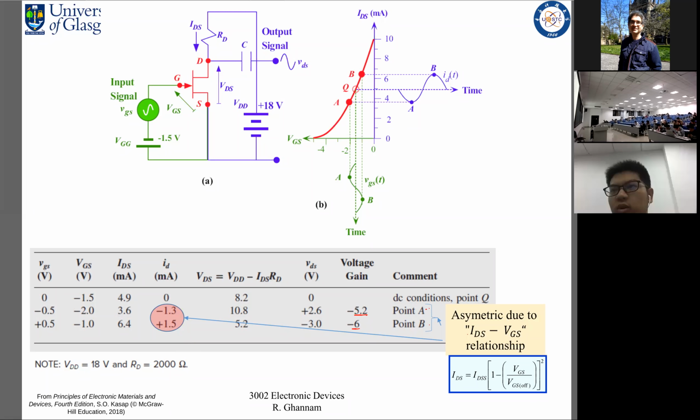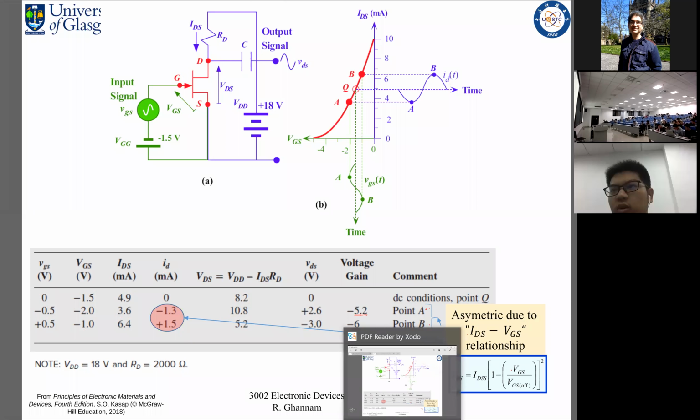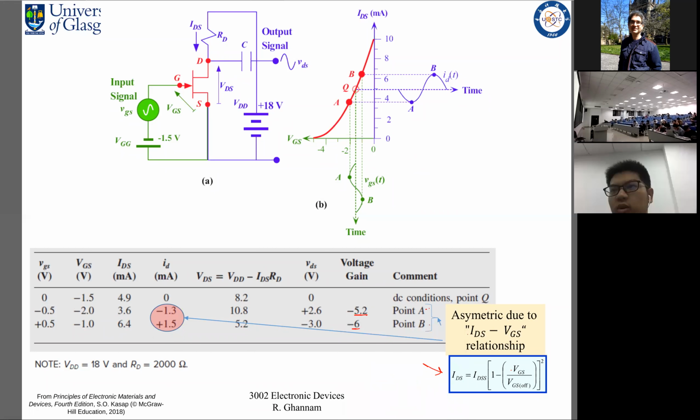As I mentioned, we can determine what IDS is from this expression for each new VGS value. So please go through this example and try to understand how our JFET works as a result of these changes in the voltages.